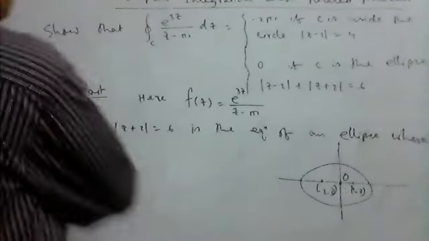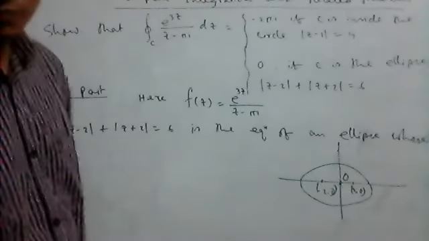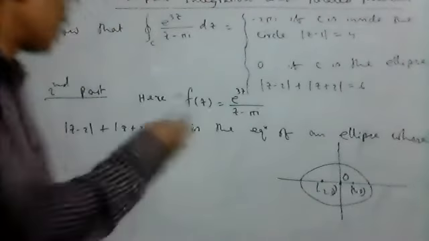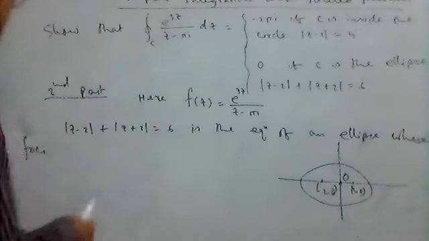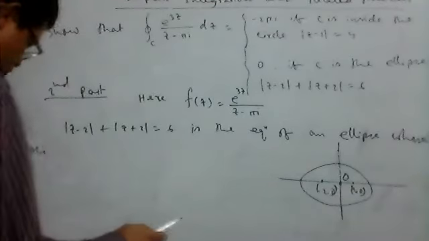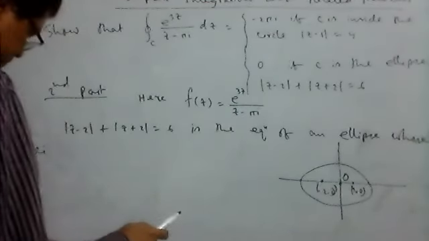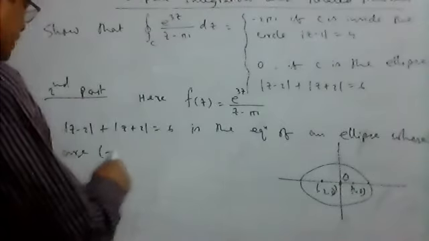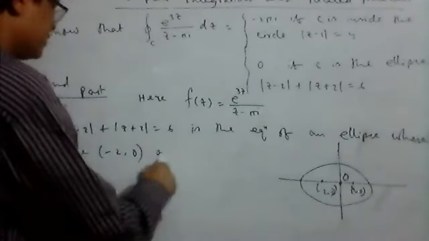Now mod z minus 2 plus mod z plus 2 is an equation of an ellipse whose foci are minus 2, 0 and 2, 0.